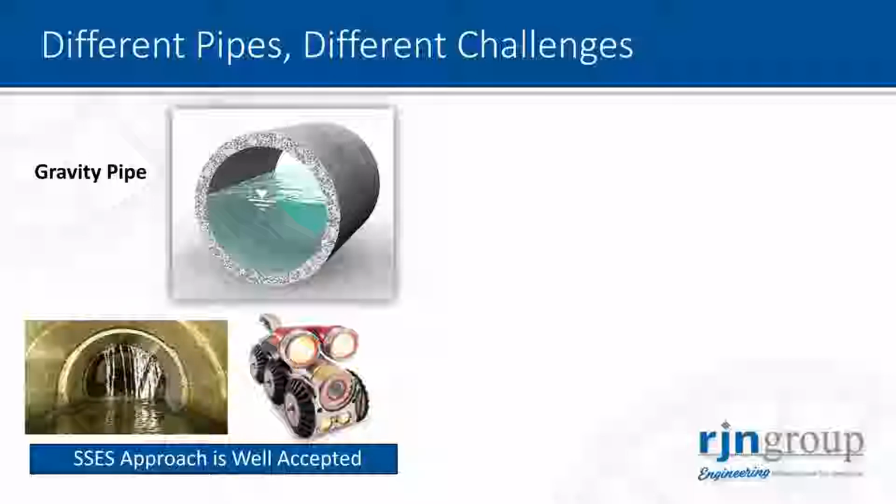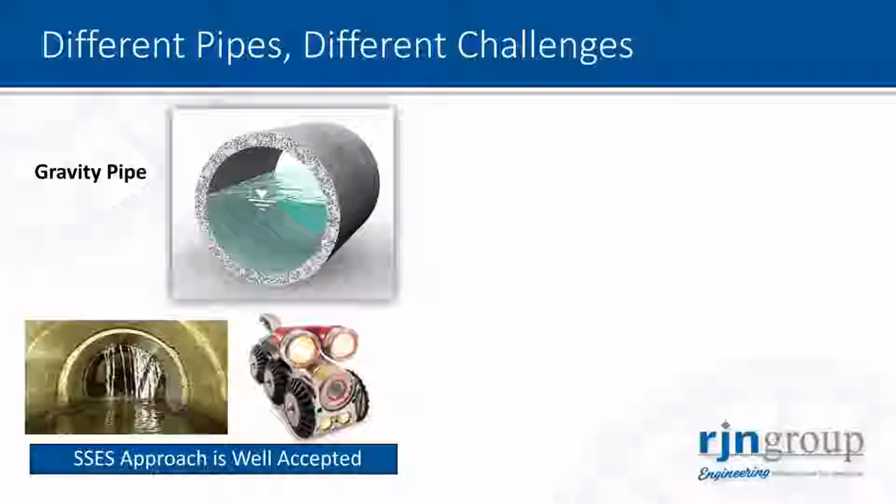Everything from smoke testing to manhole inspections to some focused areas of CCTV inspections to find inflow and infiltration as well as structural defects within the pipeline, and then to prescribe repairs, rehabilitation, in some cases replacement. But this is gravity pipe.